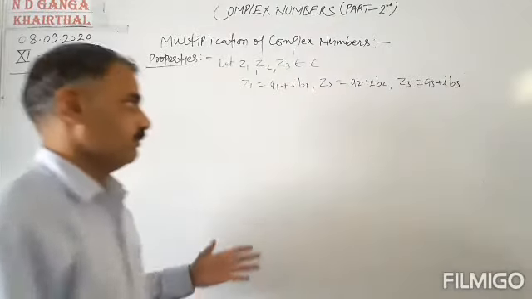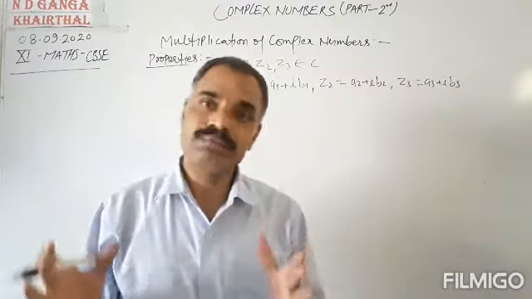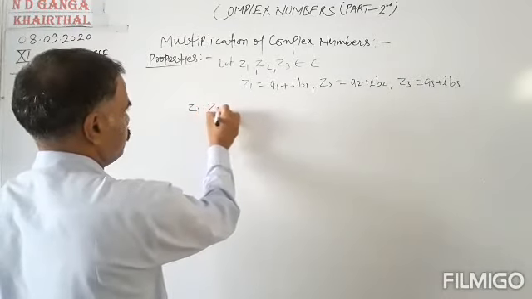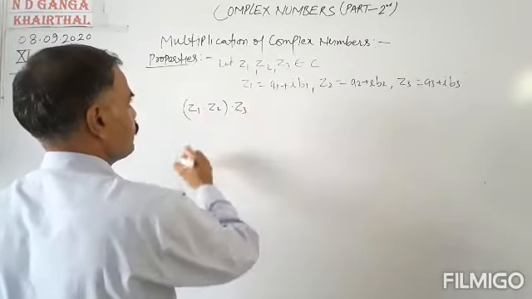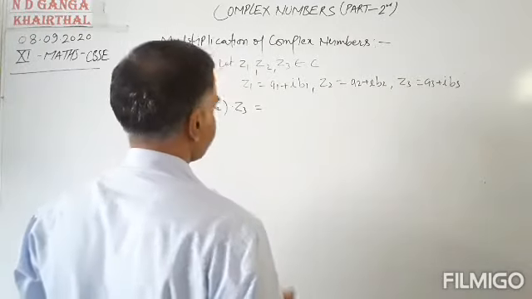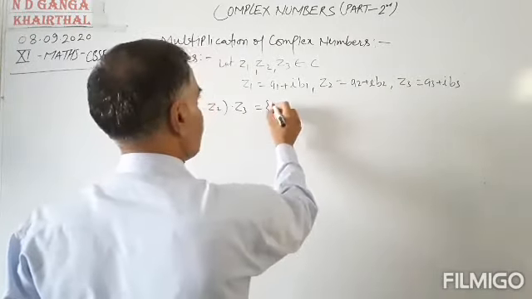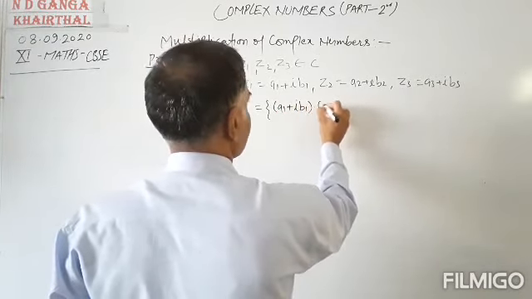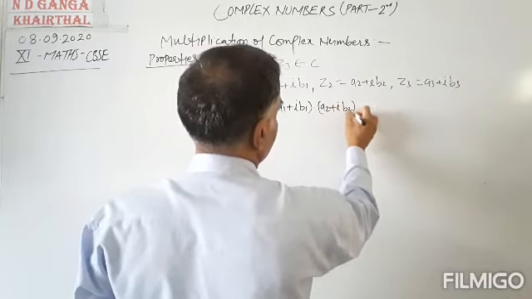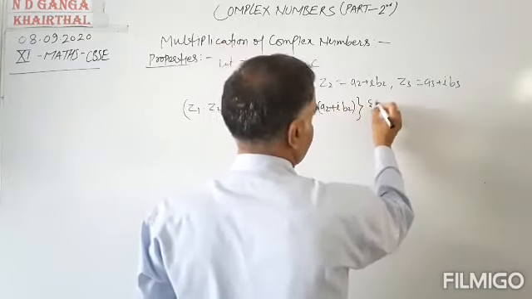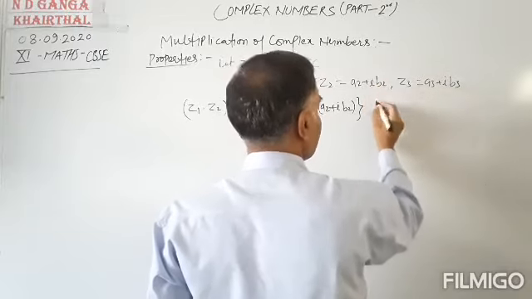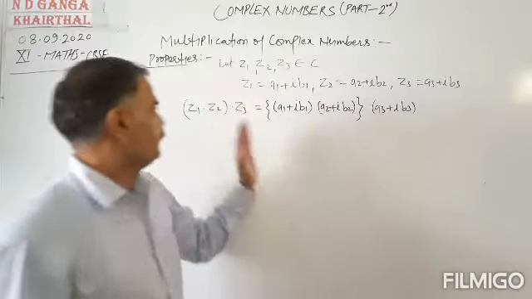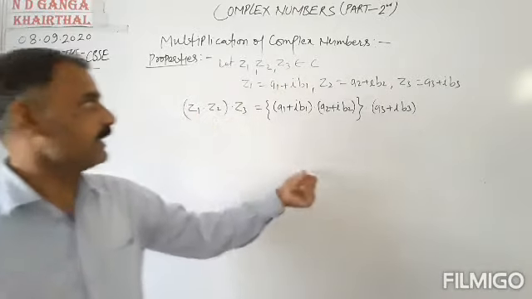Okay, now we will find the left hand side of the associative property, that is Z1 into Z2 multiplied by Z3. So this is equal to Z1, means A1 plus iota B1 multiplied by A2 plus iota B2, and the multiplication of this by A3 plus iota B3. Means Z1 into Z2 into Z3.